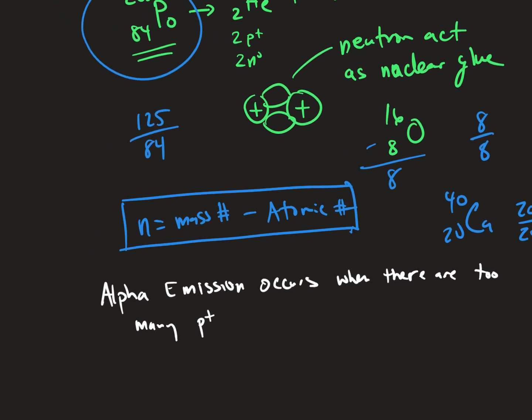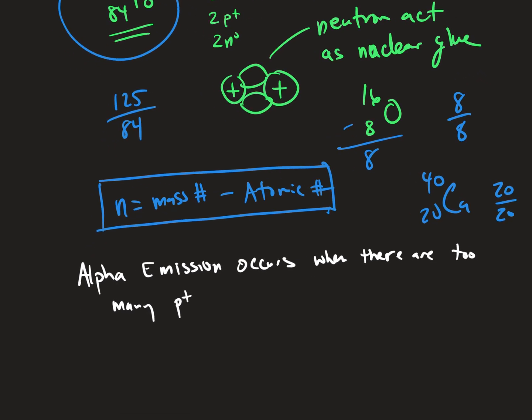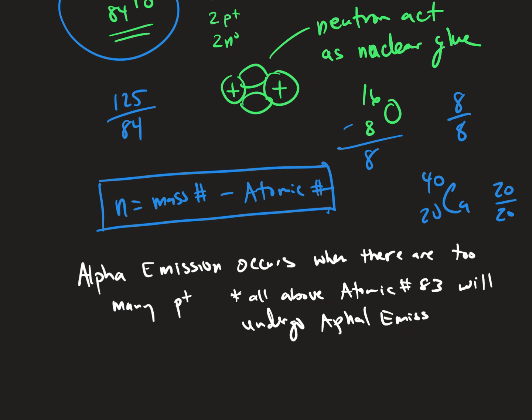We can say, note all above atomic number 83 will undergo alpha decay or alpha emission, because we have way too many protons, right? We good there?